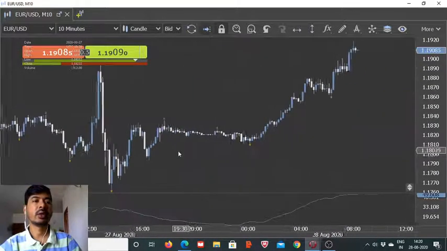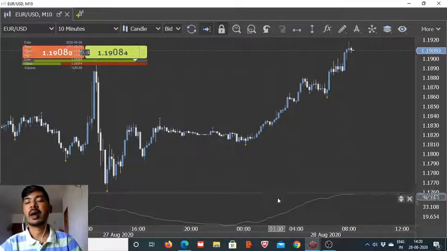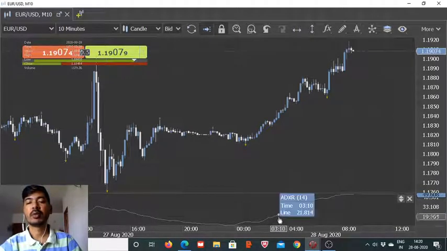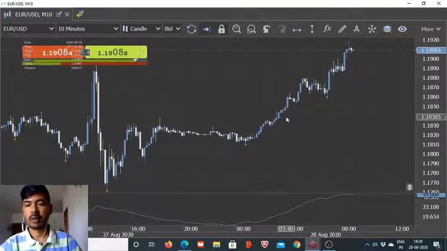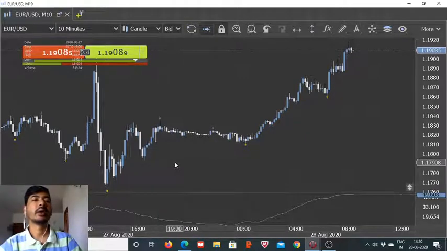So if we were to design the ADXR algorithm using 10 minutes, then it will look something like this. The trade will be initiated somewhere close to 3:50 GMT today, somewhere here, depending on how you are determining the trend of the underlying instrument.